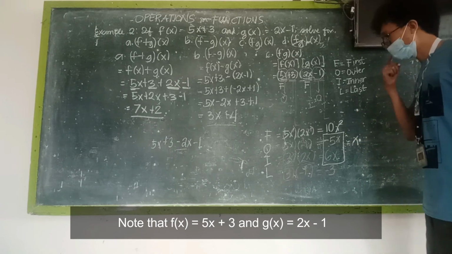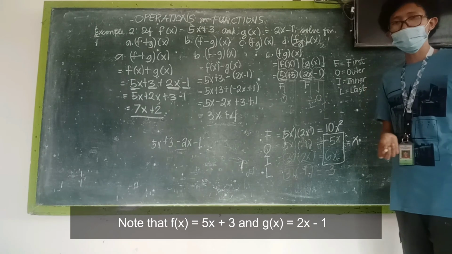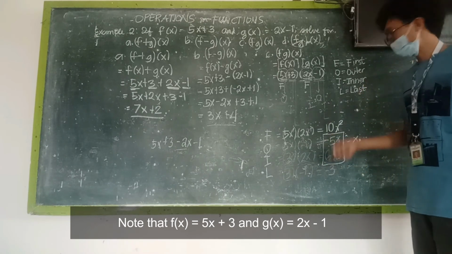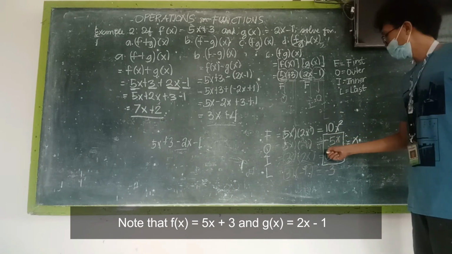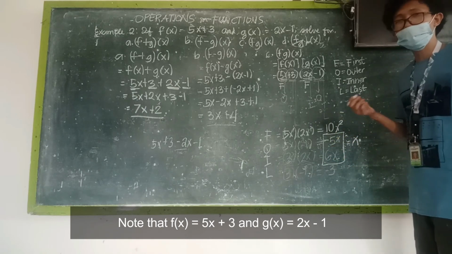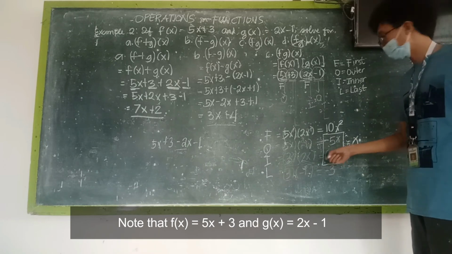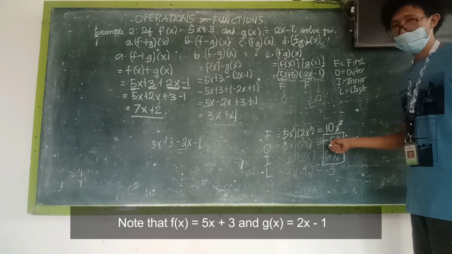Bakit naging positive 1? In our addition rule in integers, pag magkaiba ang sign, sinasubtract natin ang 6 sa 5. Then, follow the sign of the higher absolute value. So in this case, mas higher ang absolute value ng 6 kesa sa negative 5.